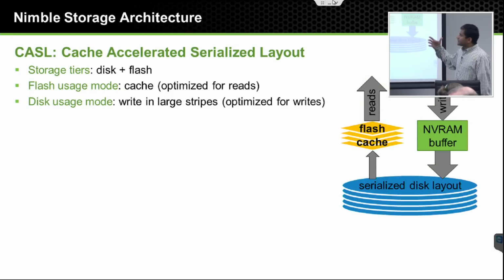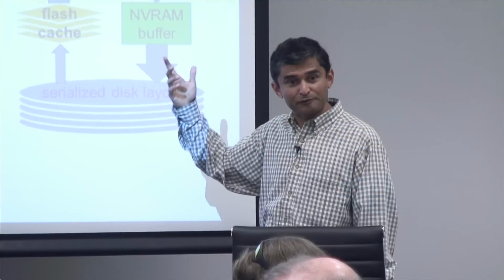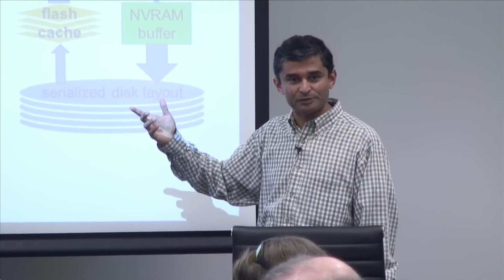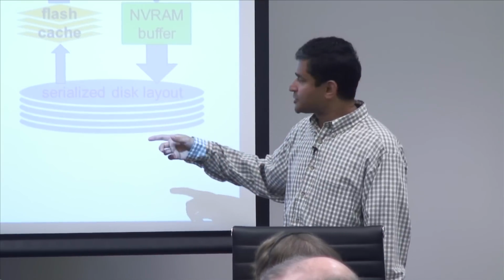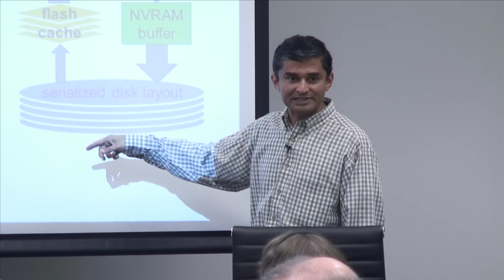Okay, so this ties together all of the various differentiators that I've talked about so far and shows our architecture. Well, you already know by now we use a combination of disk and flash. We use flash as a read cache to accelerate the reads, and writes are accelerated by virtue of the layout on disk.